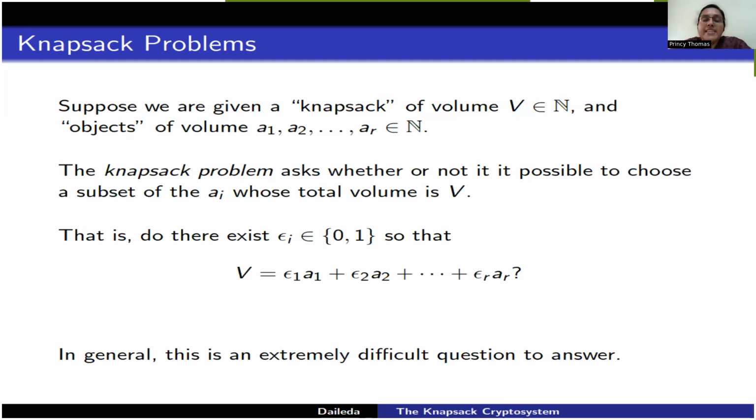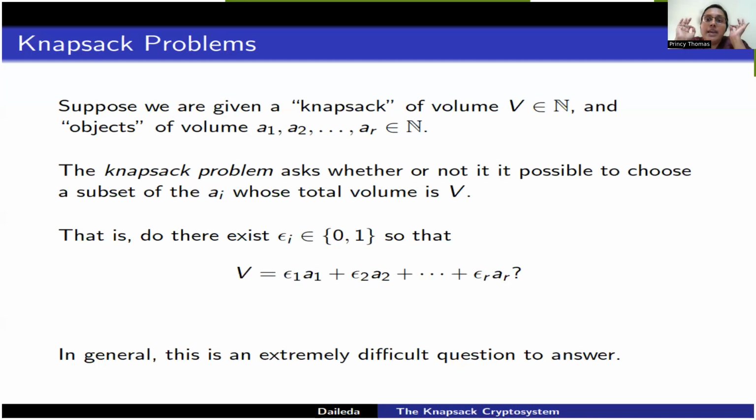Now the knapsack problem, I hope all of you know already. Knapsack means a sort of bag. Inside the knapsack, the volume of the knapsack is capital V, which is a natural number.